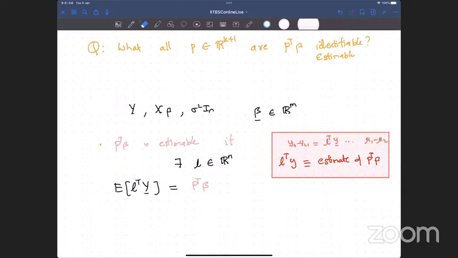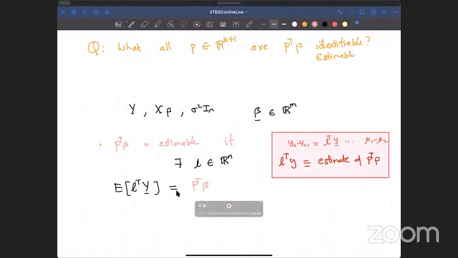That is, L transpose y is an unbiased estimator of P transpose beta. Is this idea clear? Yes. So if I can find a linear combination of y's whose mean is P transpose beta, I call P transpose beta estimable. This is the definition. Is that clear?